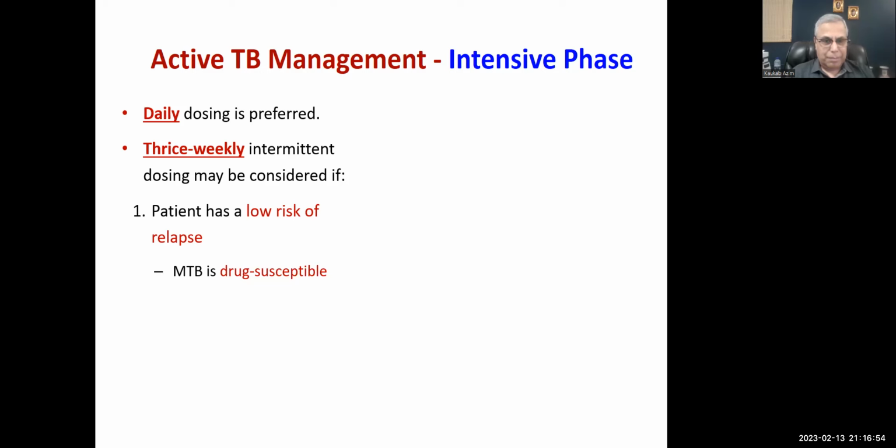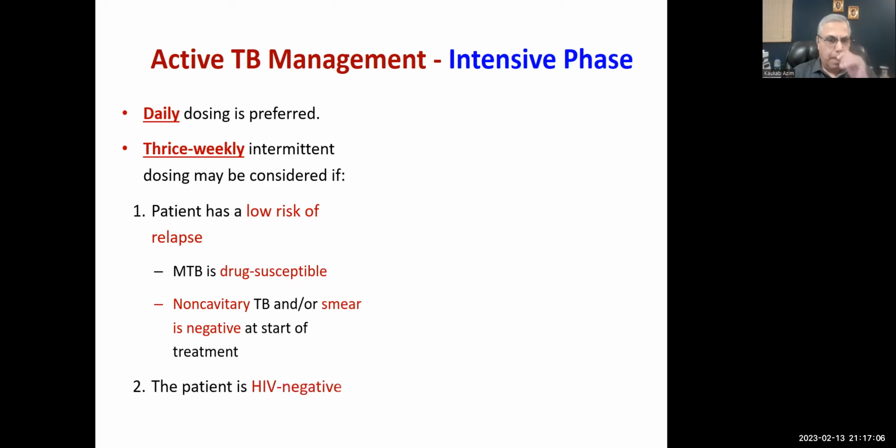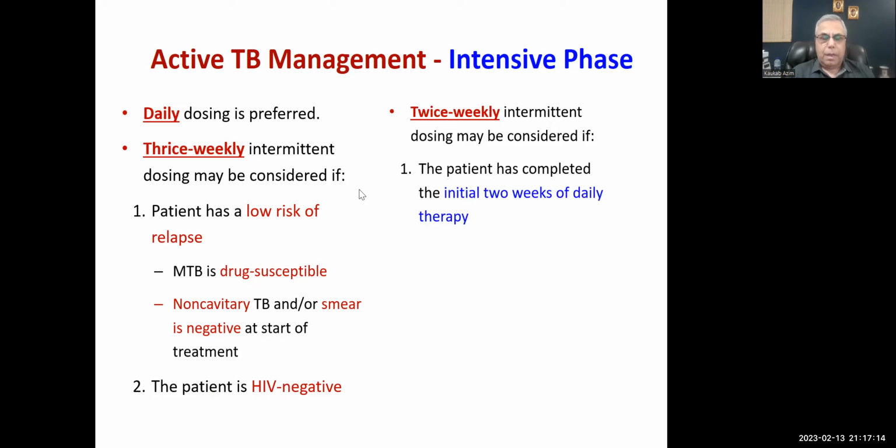He's multi-drug susceptible. The mycobacterium, MTB stands for Mycobacterium tuberculosis. There are no cavitary lesions on X-ray. The smear is negative, okay? The patient is HIV negative, then we can go on to thrice weekly treatment or twice weekly treatment as well. But for twice weekly, there is just one difference.